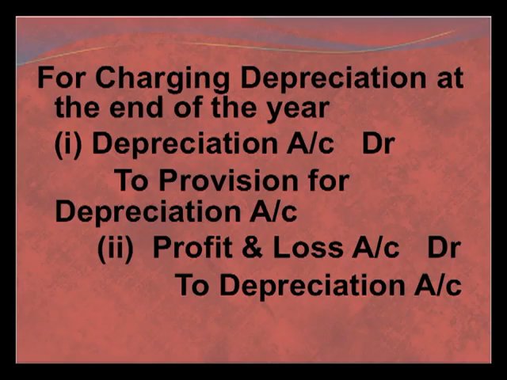Let's see what happens in the second case when we maintain the provision for depreciation account. For charging the depreciation at the end of the year, we will transfer the depreciation to provision for depreciation account by passing the entry depreciation debit to provision for depreciation account.